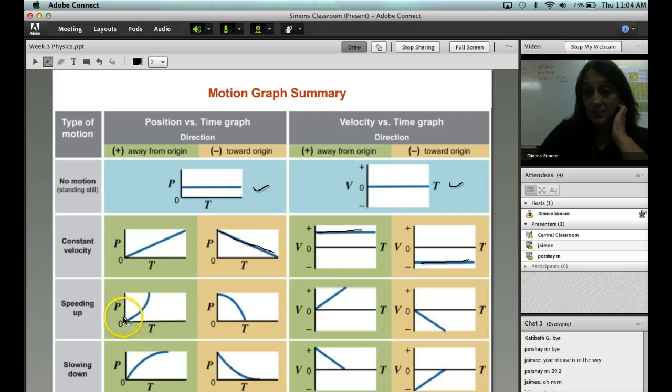If you're speeding up, so you start slow and go real fast, here you have positive velocity, and here you have some negative velocity. If you are slowing down, so you're starting really fast and then slowing down, and here you're still starting really fast and slowing down, but you're going backwards. All right, so these are just pictures of graphs to help you understand a little bit about what's going on.